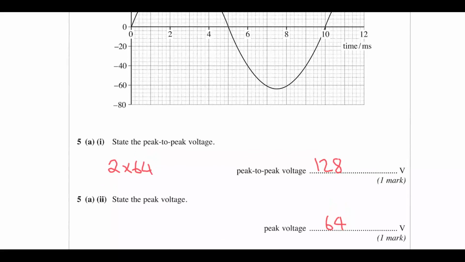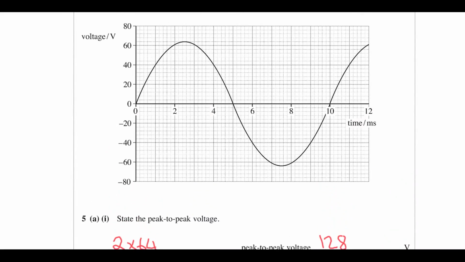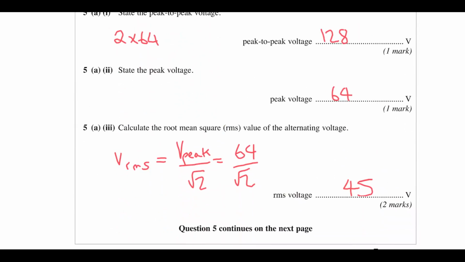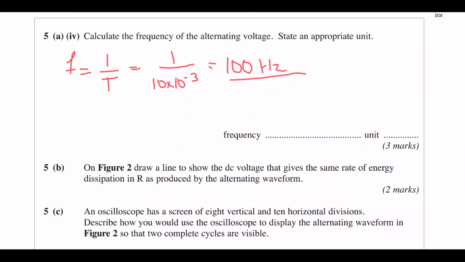I'm guessing it's going to ask us what the frequency is, so I'm just going to pick up the time period while I'm here. We can see the time for 1 cycle is 10 milliseconds. So let's see if I was right. I've picked up that time period. Frequency is 1 over the time period, so 1 over 10 times 10 to the minus 3 is 100 hertz.